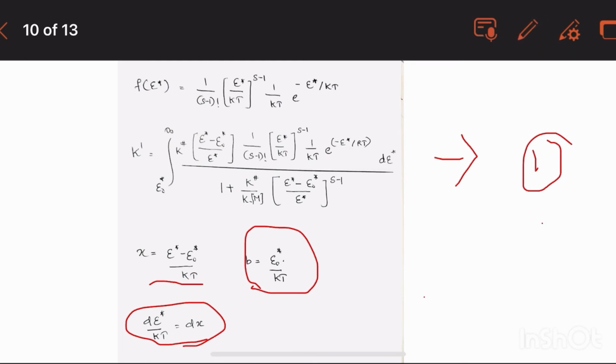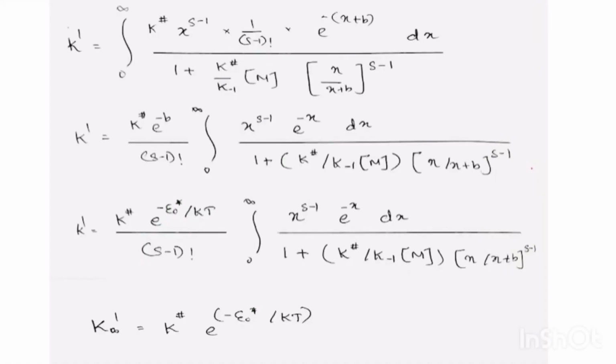The limits of integration can be changed to 0 to infinity, instead of epsilon 0 star to infinity. Now our equation is reduced as follows.